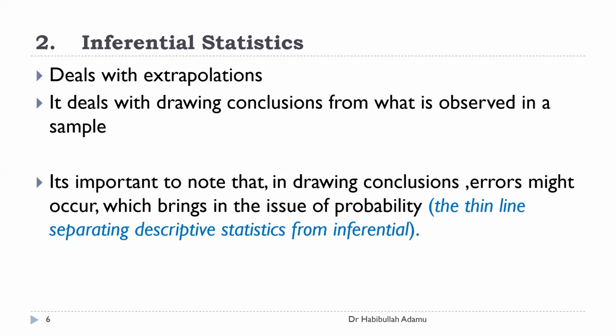So you can go and pick a sample, maybe a representative sample, let's say maybe 200 medical students across each level, and you conduct your research. You determine their attitude. You realize, oh, generally the attitude is positive. So you can now come and say, okay, the attitude of the medical students is positive towards this new teaching method.